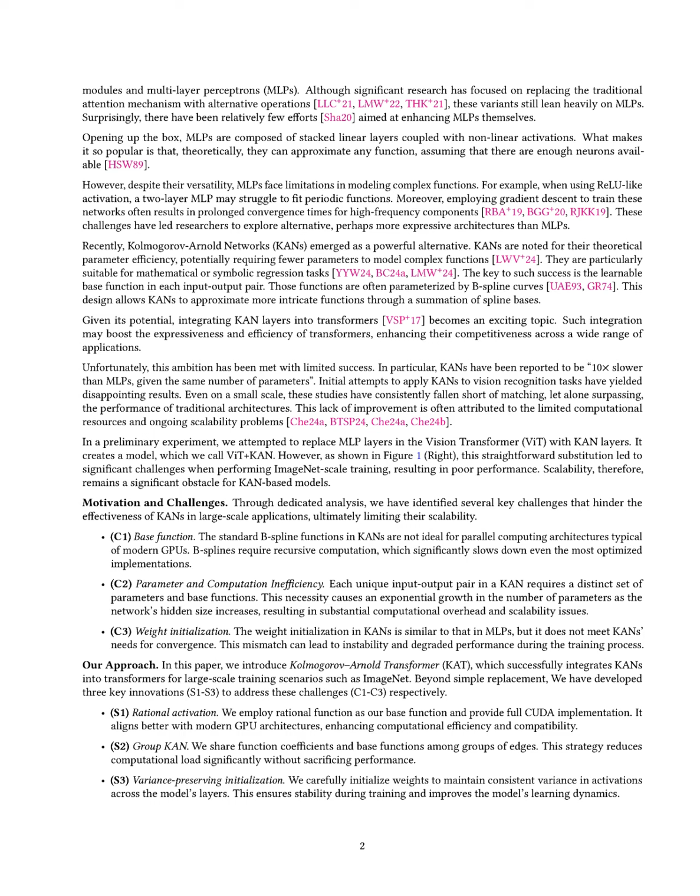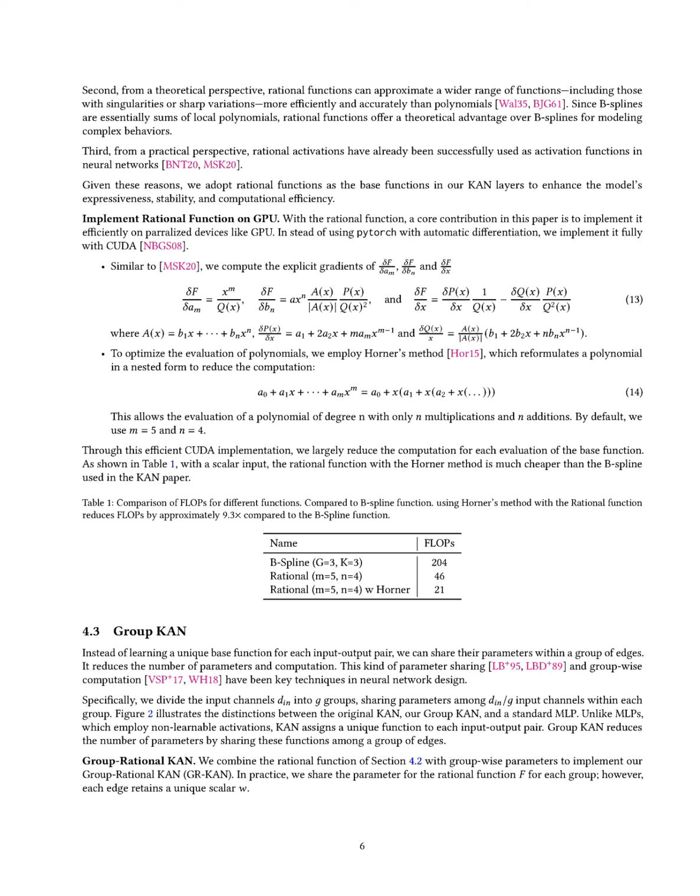First, rational functions are more suitable for parallel computing, as they involve simpler operations that can be efficiently executed on modern GPUs, unlike B-splines, which require recursive computations that hinder performance. Second, rational functions can approximate a broader range of functions, including those with singularities or sharp variations, more effectively than B-splines, enhancing the model's expressiveness.